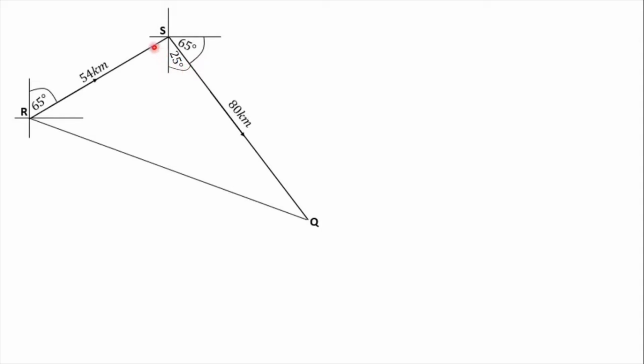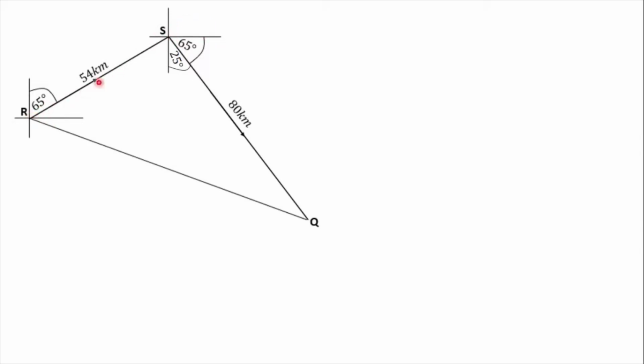Let's see if we can find this other angle. Now look at something. This vertical line passing through R and this vertical line passing through S, these two lines are parallel lines. If they are parallel lines, then the line RS is a transversal crossing the two parallel lines.